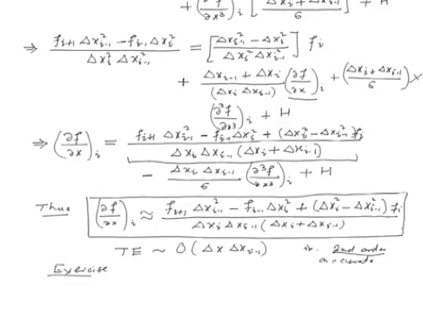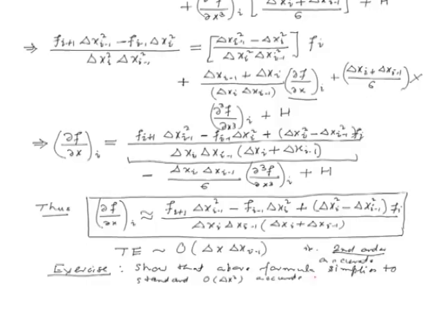Exercise: show that the above formula simplifies to the standard delta x square accurate series for a uniform grid.